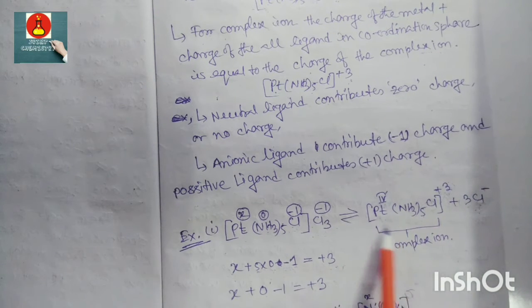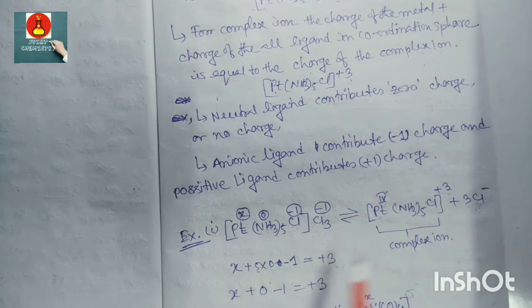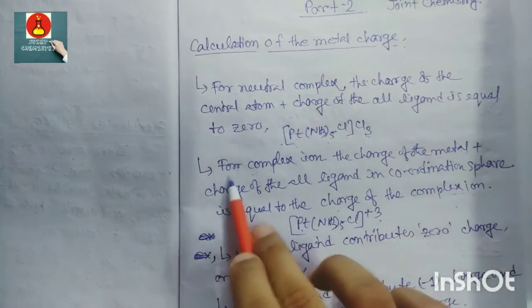Why? Because this complex ion has +3 charge, right? So it will equal +3 according to the second statement.